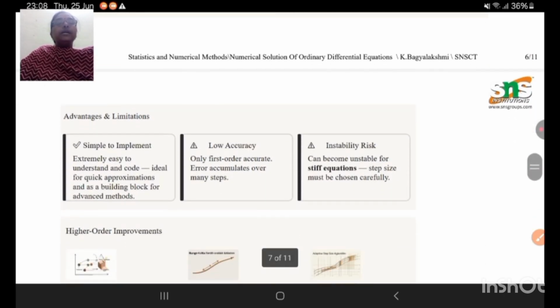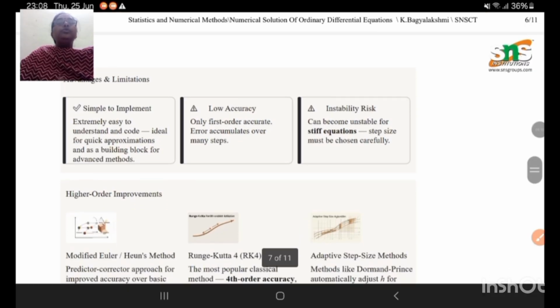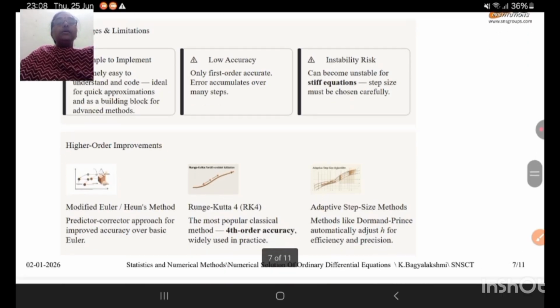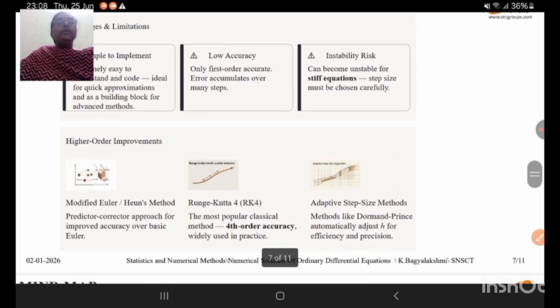This method has some advantages and limitations. The advantages are that it is simple to implement, extremely easy to understand and code, ideal for quick approximations, and a building block for advanced methods. The limitations are low accuracy and a very high risk of instability.